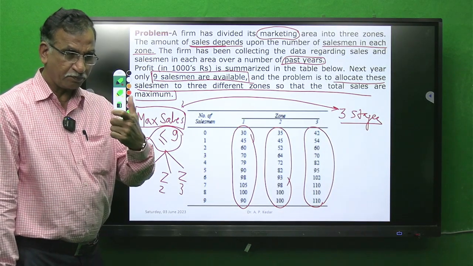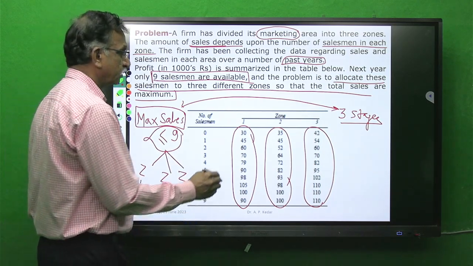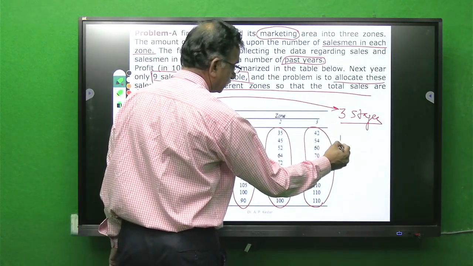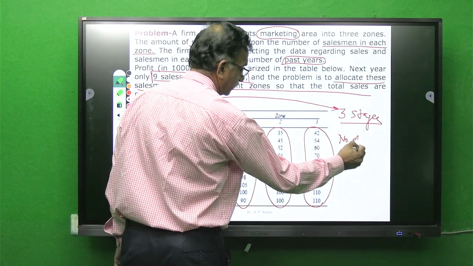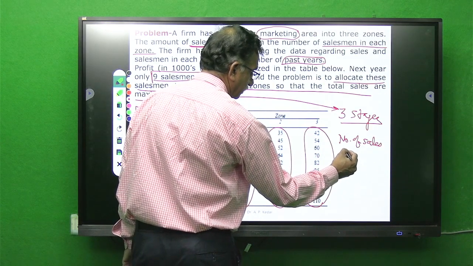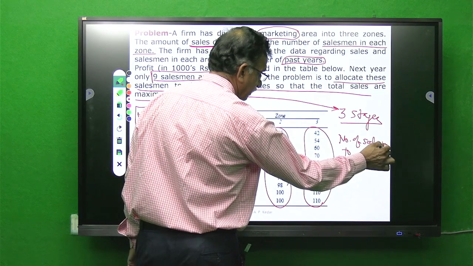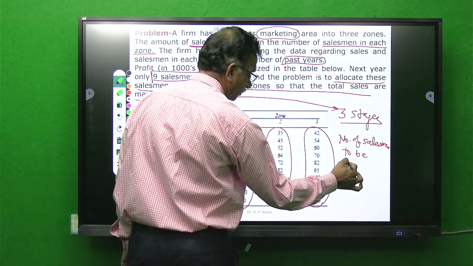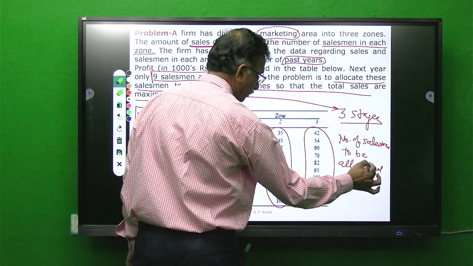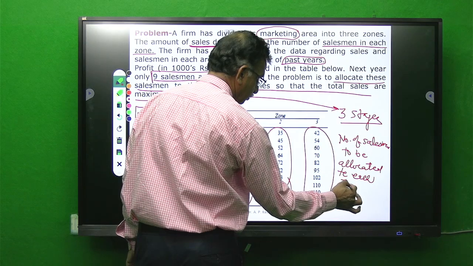So we will move step by step ahead and we will find the number of salesmen to be allocated to each zone.